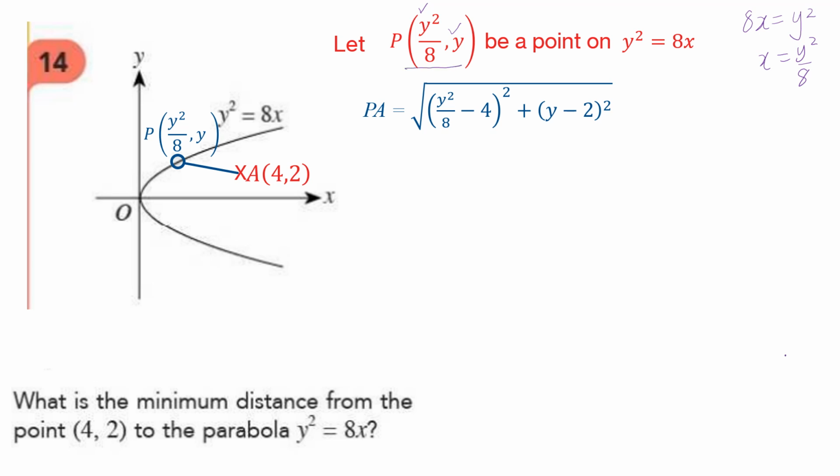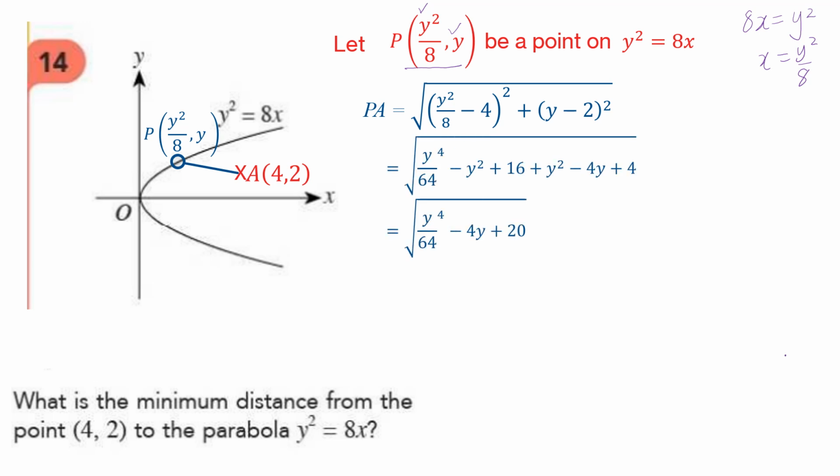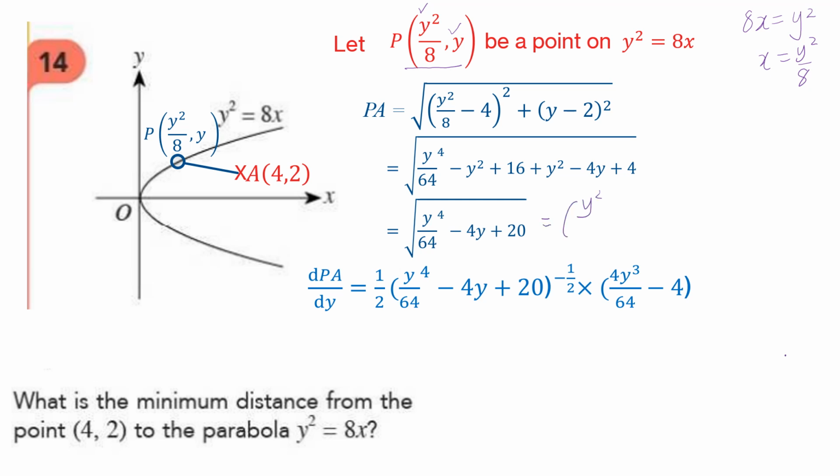From there it's also easier to find the distance PA using the distance formula. You end up getting it simplified to be like this. Since we're finding minimum distance, we need to find dPA over dy, which means I need to differentiate it. To differentiate it, I need to convert this into index form.